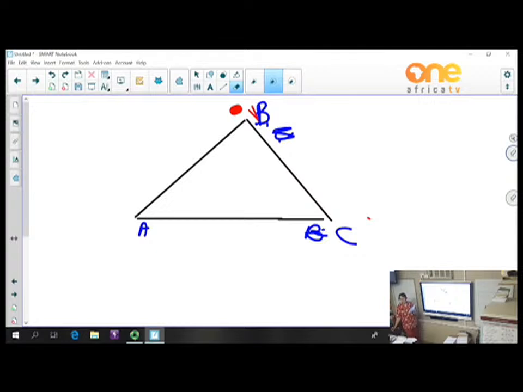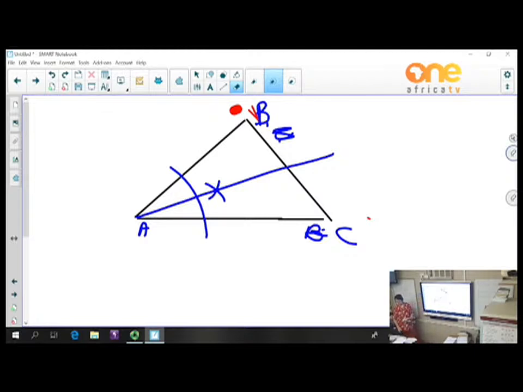Equidistant from AB and AC. What is that? Angle bisector. AB and AC is an angle bisector. So you choose any arc and you draw the arc there. Then you use exactly that same length to make those arcs there. You put it there, and we draw the angle bisector.